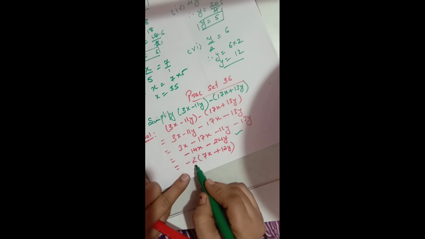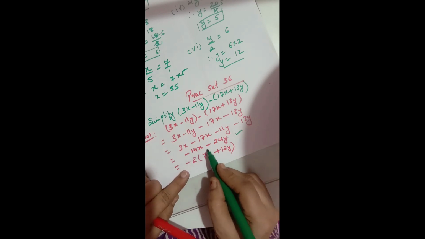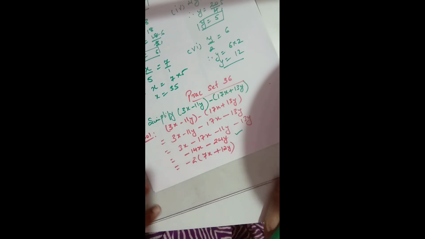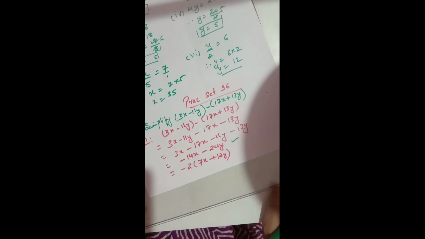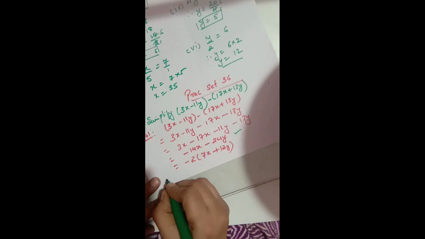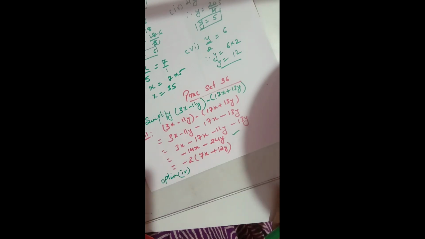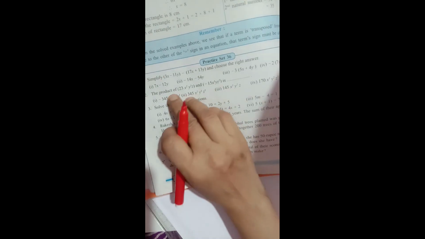Okay children, so your answer is which? Answer is option 4. But children, you have to remember, whenever you are taking the minus sign common, the sign inside the bracket changes. That is a very important step.